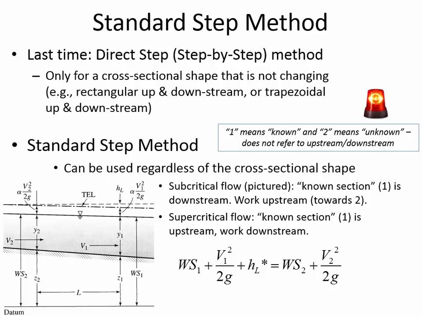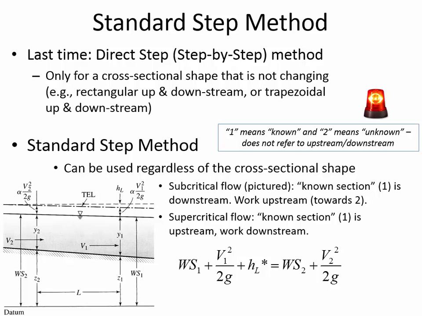But in the standard step method, that's not what 1 and 2 means anymore. Here, 1 means the place where you know information, and 2 means where you don't know information, like where the depth is unknown. So it's not about upstream, downstream when you're working with the standard step method. Okay, so this equation here, this is saying that this is an energy comparison.